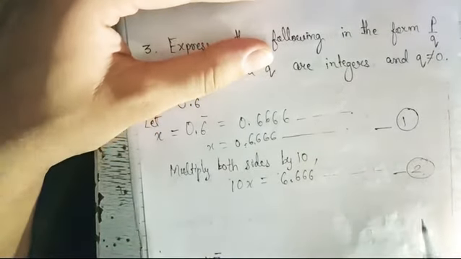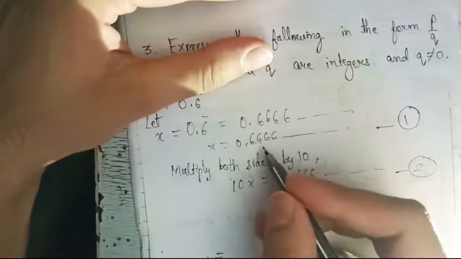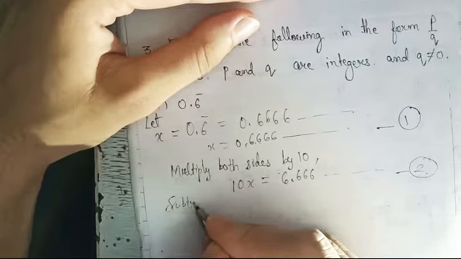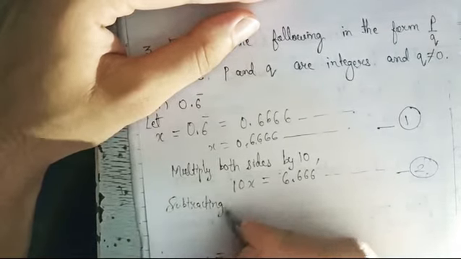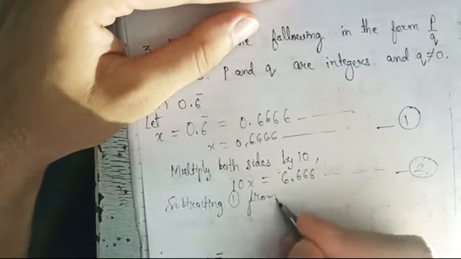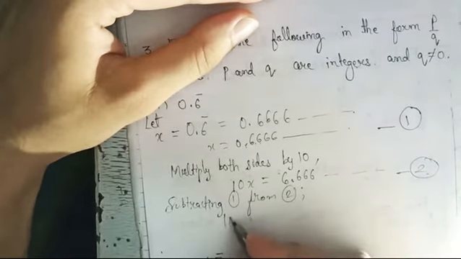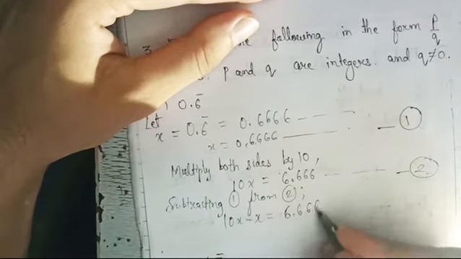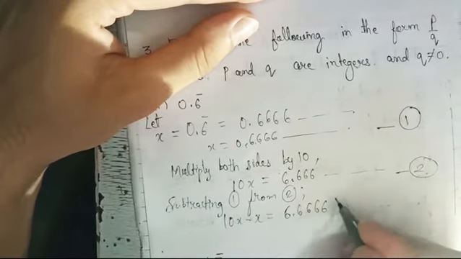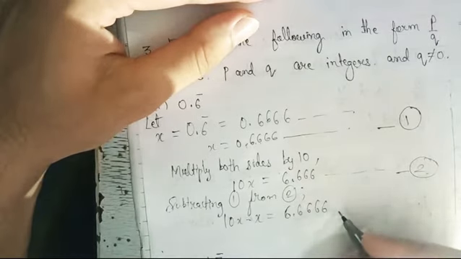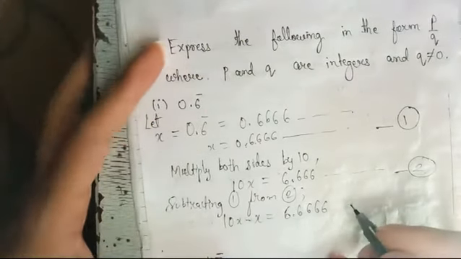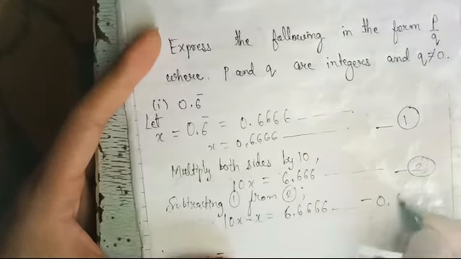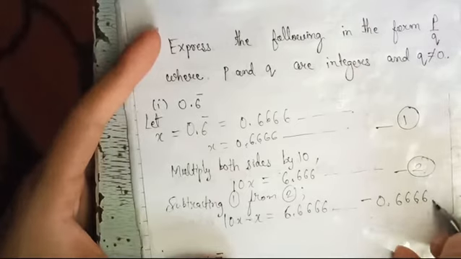Now what I am going to do, I will subtract equation number 1 from equation number 2. So subtracting equation number 1 from 2, we will get 10x minus x is equal to 6.6666 and so on, minus 0.6666 and so on.